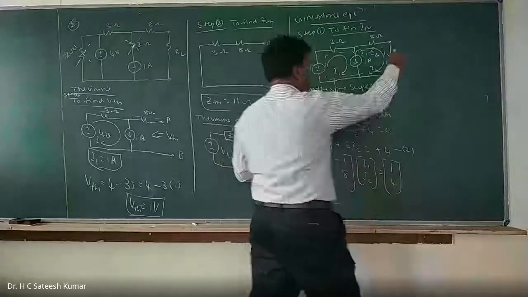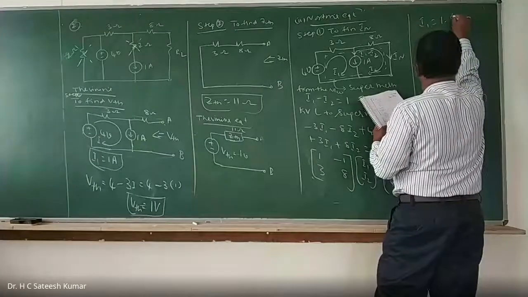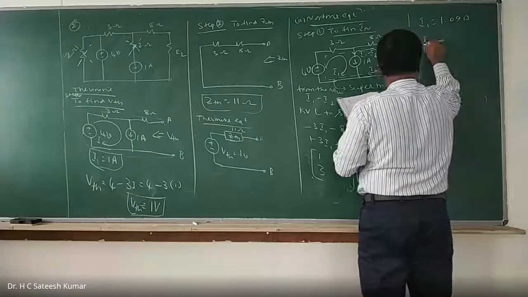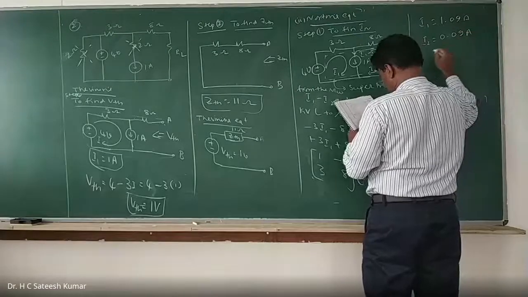How much is I1? I1 is 1.09 amps, and I2 is 0.09 amps, which is the right answer.